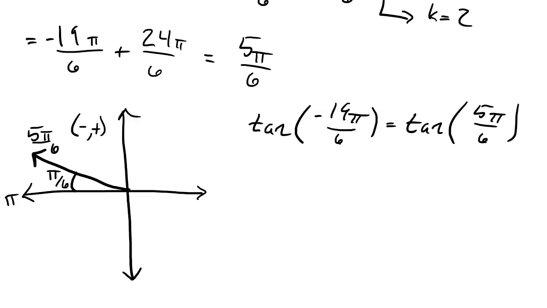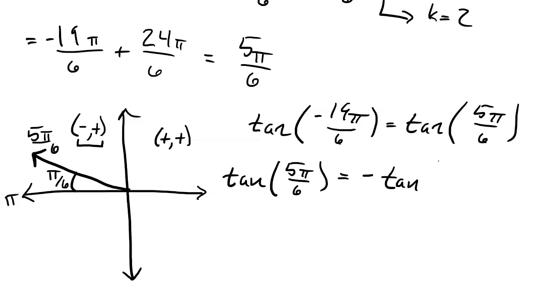Now, since tangent is negative in this quadrant, but tangent is positive in the first quadrant, that means that tangent of 5 pi over 6 is equal to negative tangent of pi over 6.